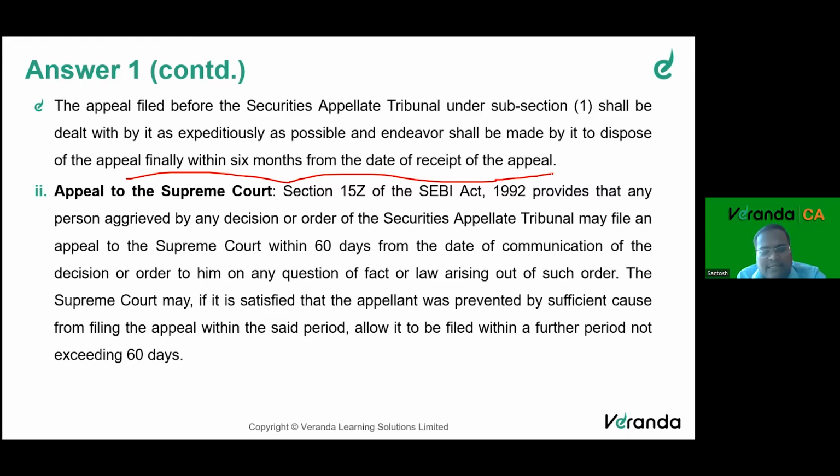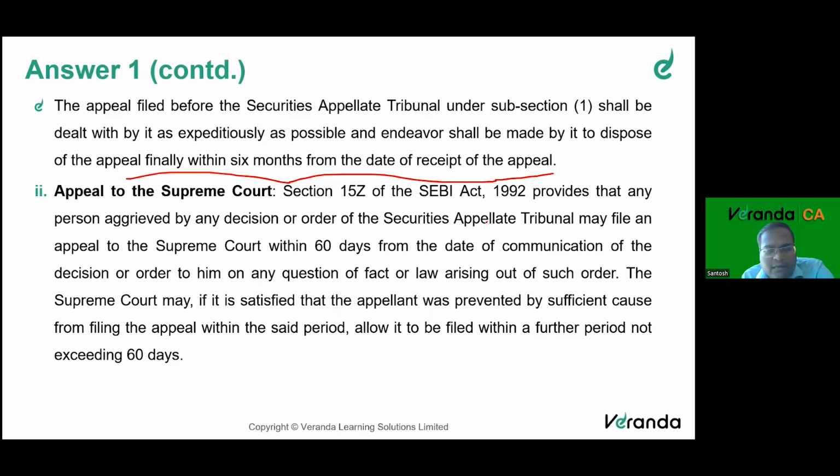Now, what is the second remedy available? I cannot go to the Supreme Court directly. The first step is I need to go to SAT, place the order, and after SAT I can go to the Supreme Court. By when can I go to the Supreme Court?